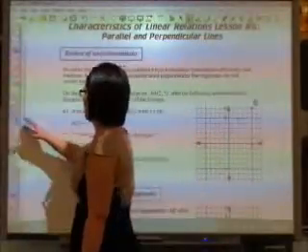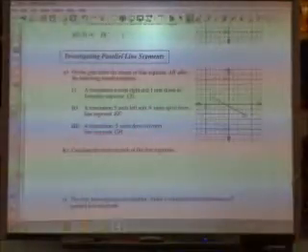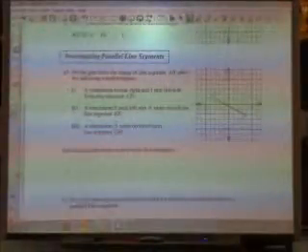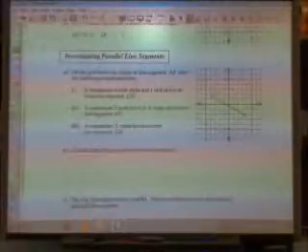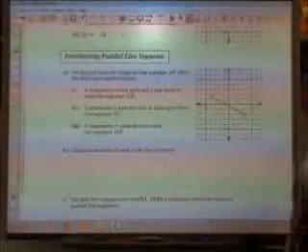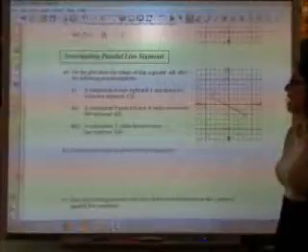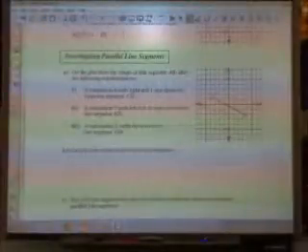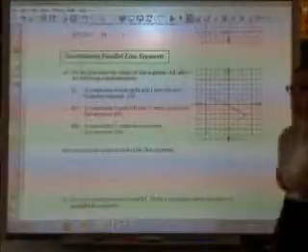Okay. I'm not going to worry about the rotations for now. I'm going to actually skip to investigating parallel line segments. On the grid, we're going to take line segment AB and we're going to do the following transformations. If I take this line segment and I do a translation of 4 units to the right and 1 unit down, I'm going to get line segment CD.